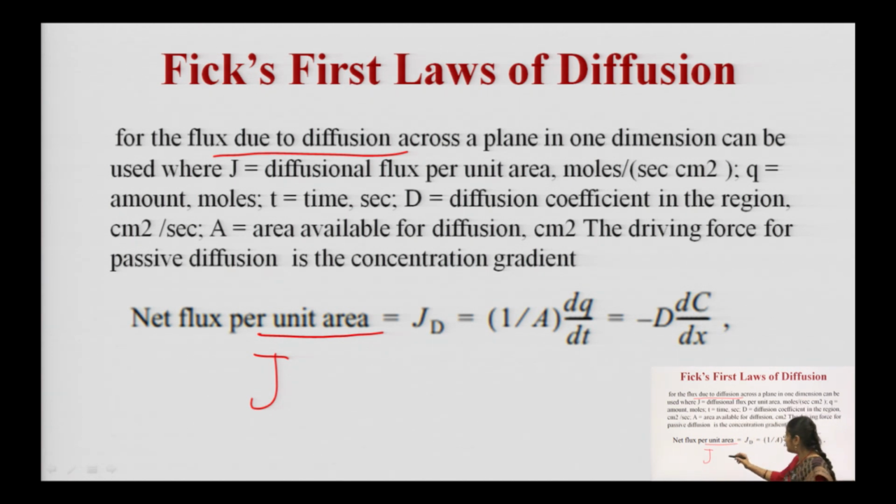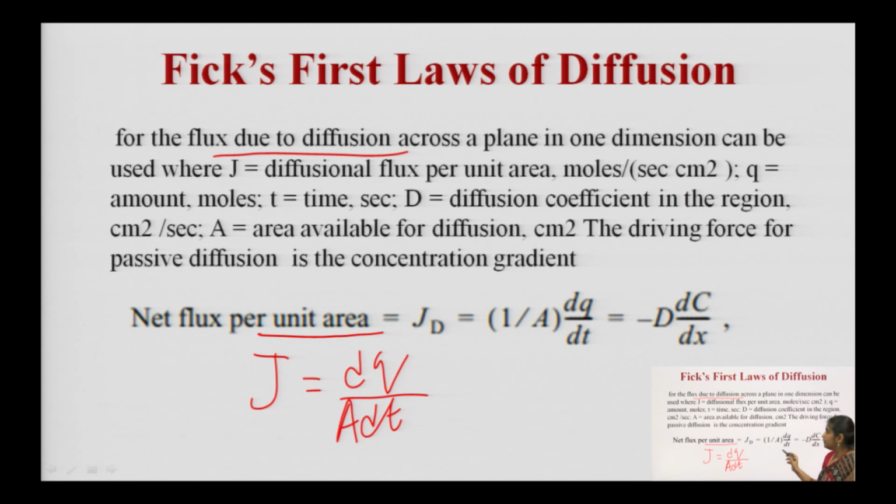Then this flux J is equal to the quantity of drug released per unit time divided by unit area.